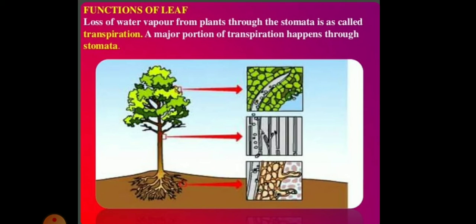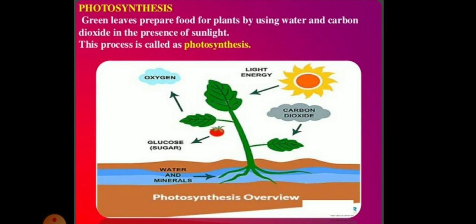The major portion of transpiration happens through the stomata. The green leaves prepare food for the plants by using water and carbon dioxide in the presence of sunlight. This process is called photosynthesis.